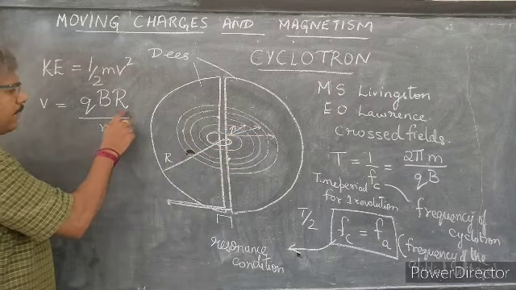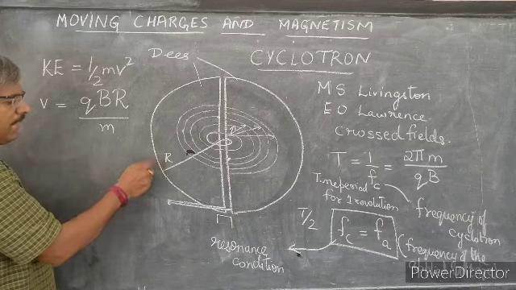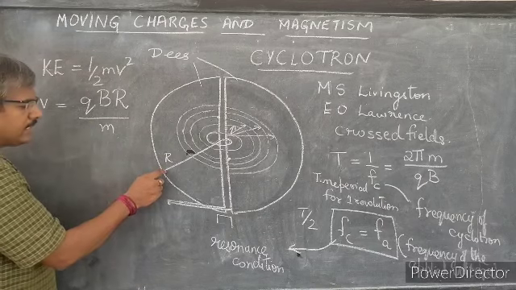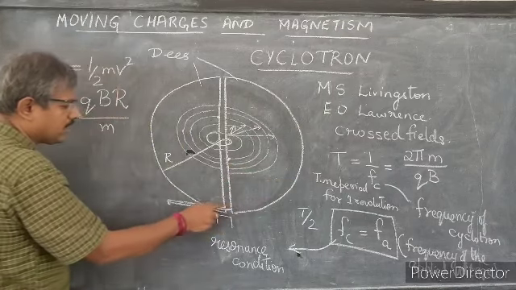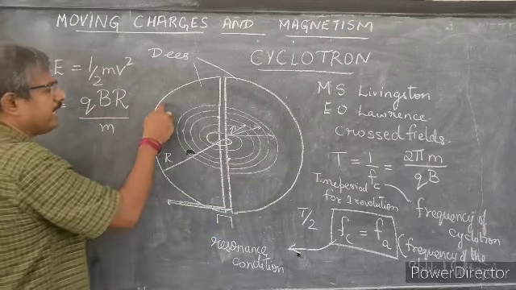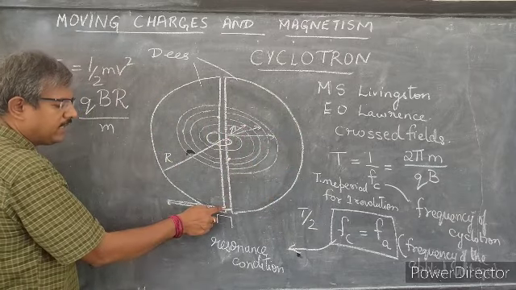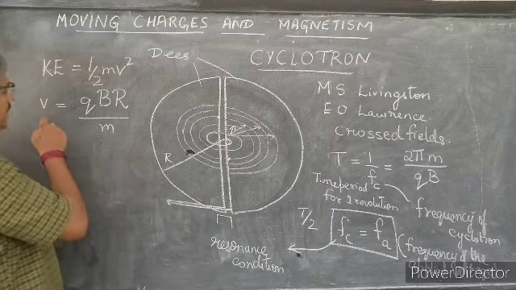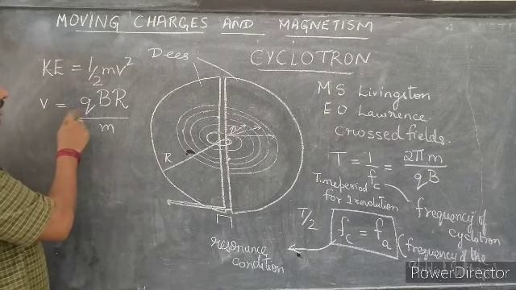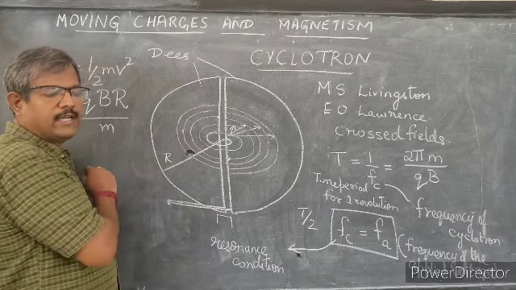I have taken this as capital R because I am interested in the velocity of the particle when it is completing its last revolution, when it's revolving at the very edge of the disk, just before a separate magnetic field kicks it out of the cyclotron. So what is the velocity at that point of time? That velocity is given by qBR divided by m.